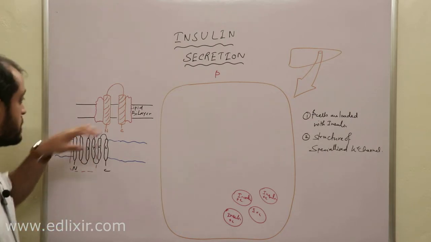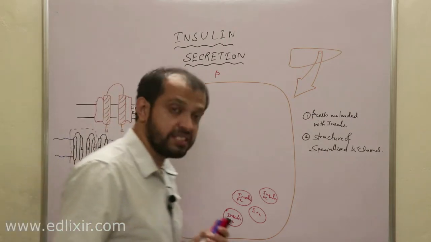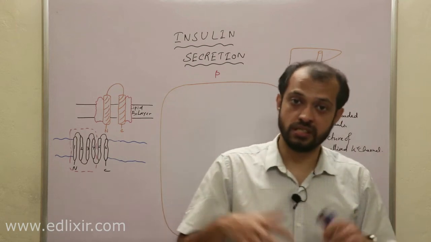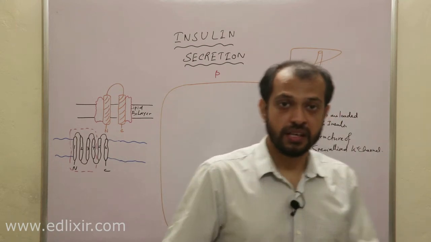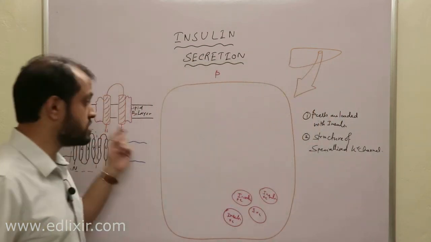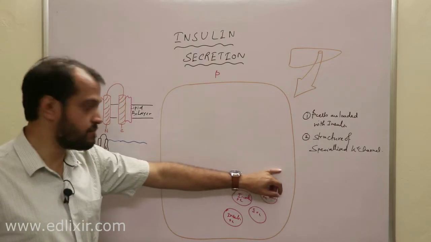These domains are not present in any other potassium channel in your body. These are specialized potassium channels loaded onto the membrane of the beta cell of the pancreas.